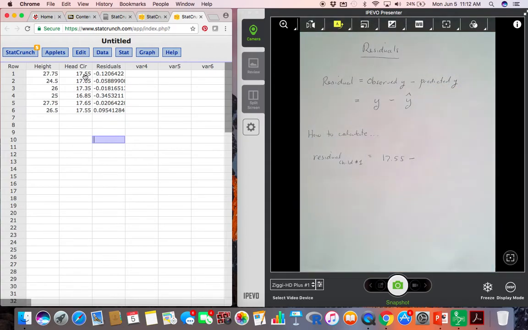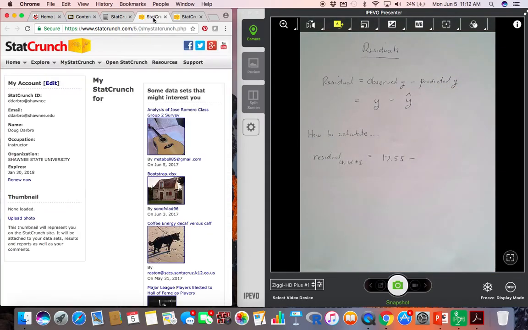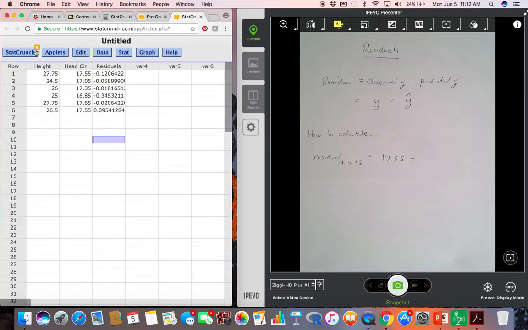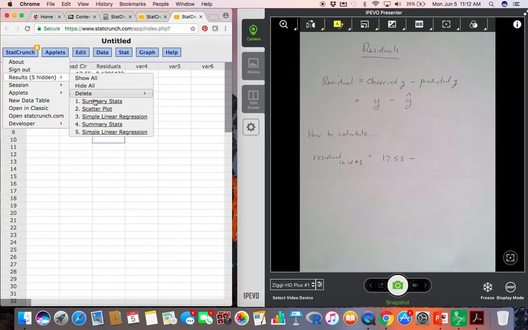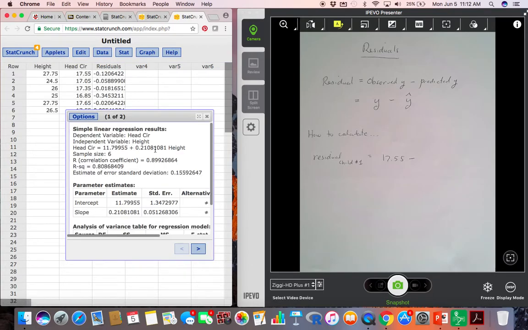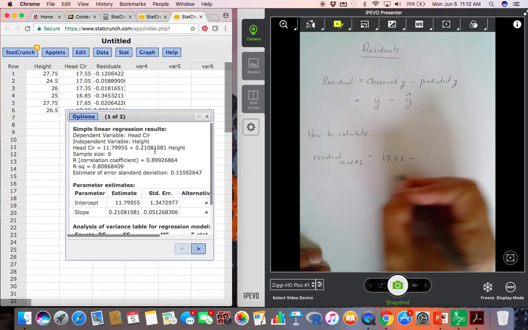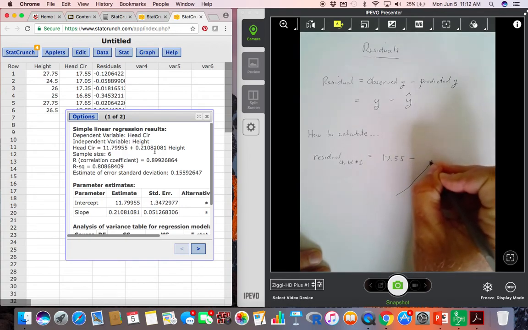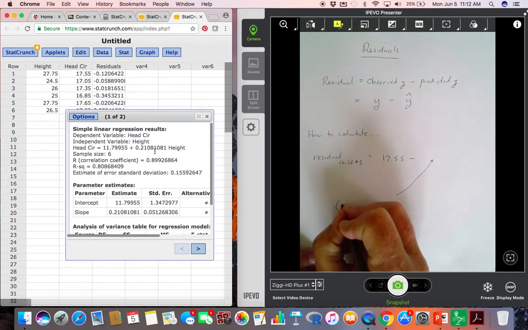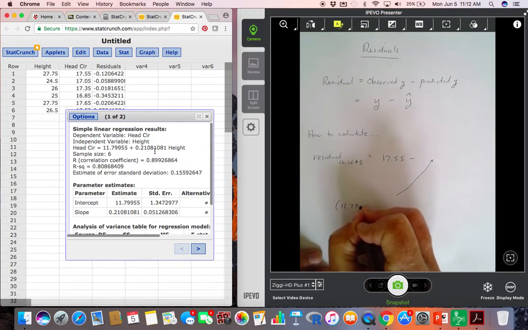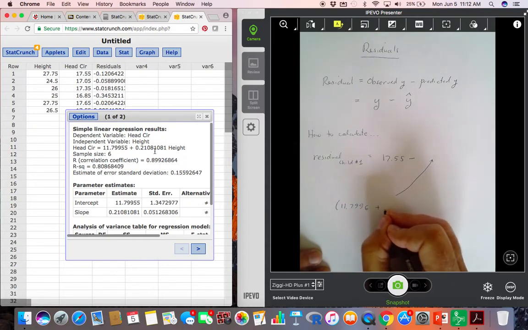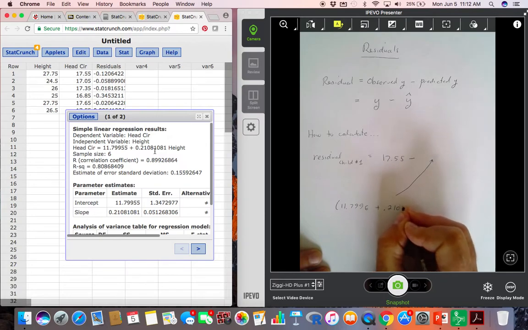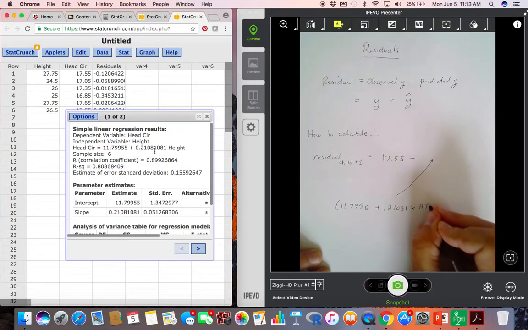Well, guys, remember our new model predicted by taking 11.7996 plus 0.21081 times the kid's height.